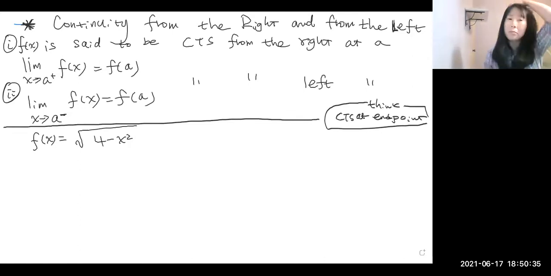How does this one look? Does anyone remember? Square root of 4 minus x squared.